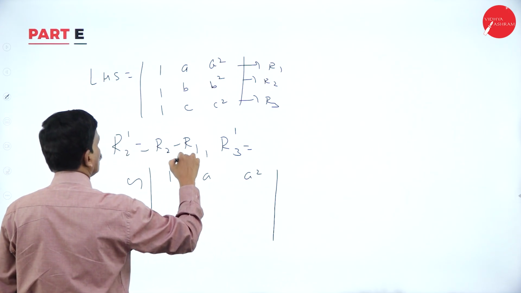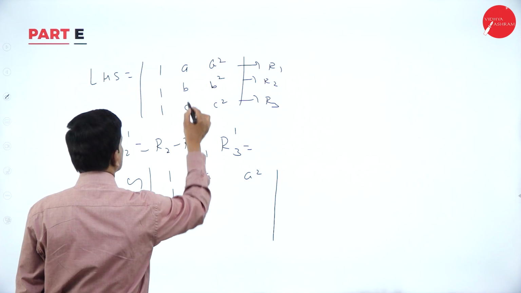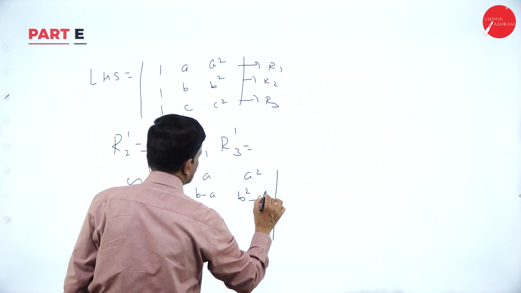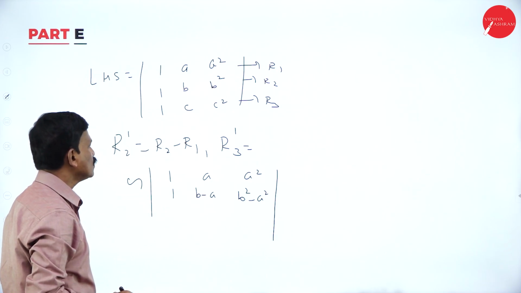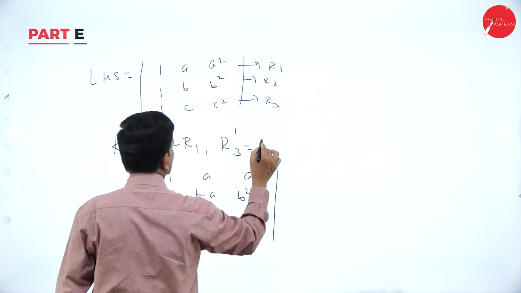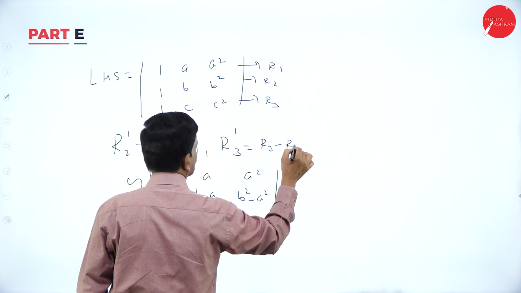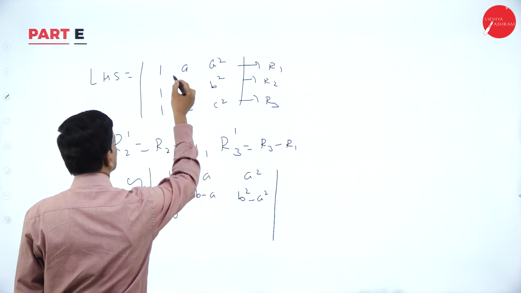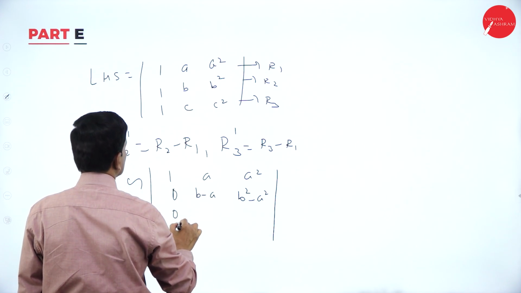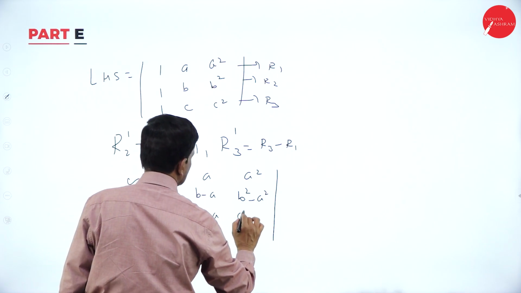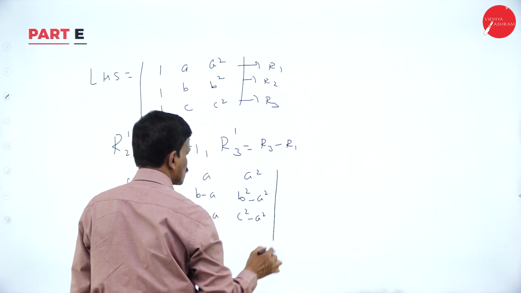R2 dash is R2 minus R1: 1 minus 1 is 0. You will get b minus a, b square minus a square. Next, R3 dash is R3 minus R1: 1 minus 1 is 0, 1 minus 1 is 0, c minus a and c square minus a square.